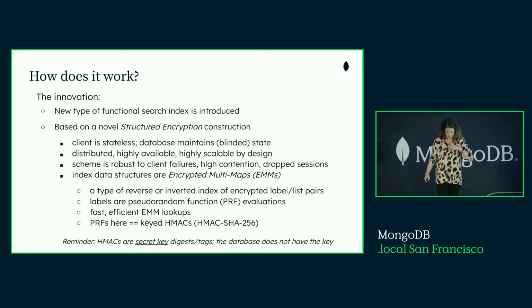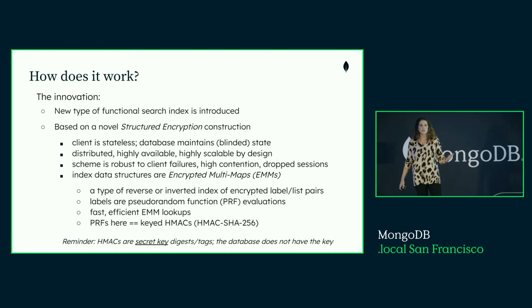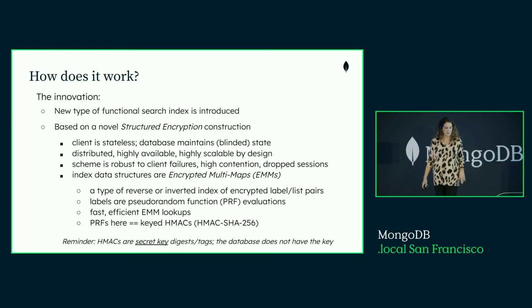It is meant for a distributed, highly available, highly scalable database by design. When we implemented it in MongoDB, that was one of the big requirements. The scheme is robust to client failures, high contention of sessions, dropped sessions, et cetera, which is why we have to have the stateless client.